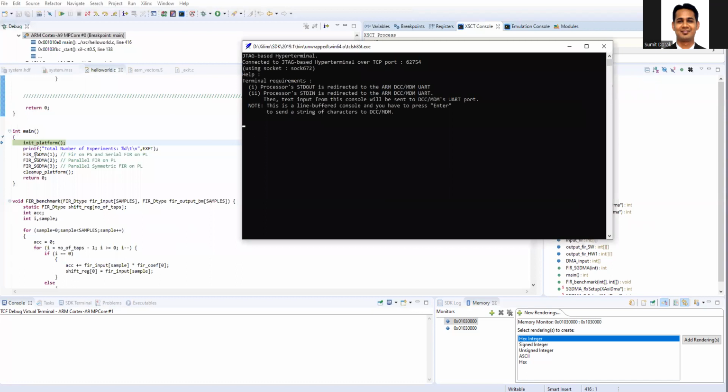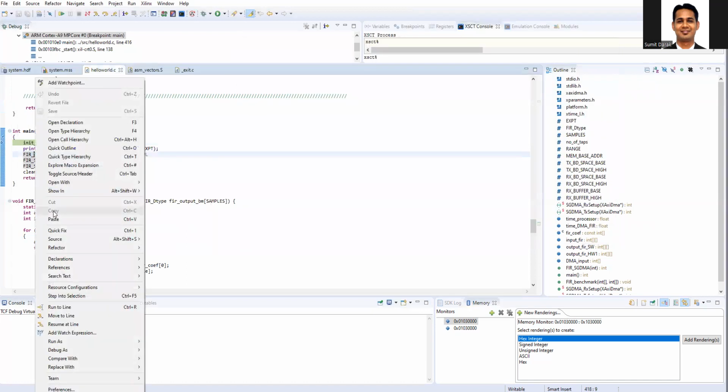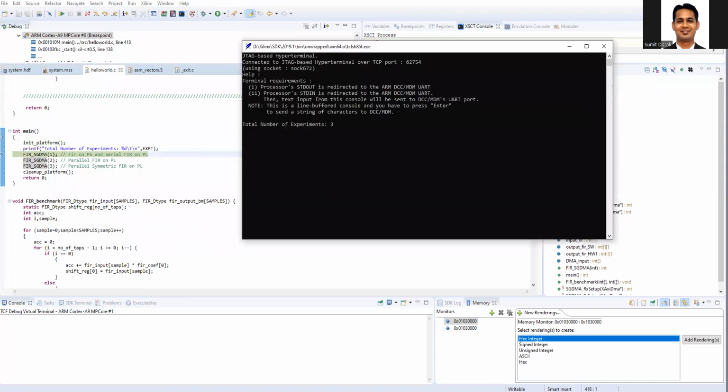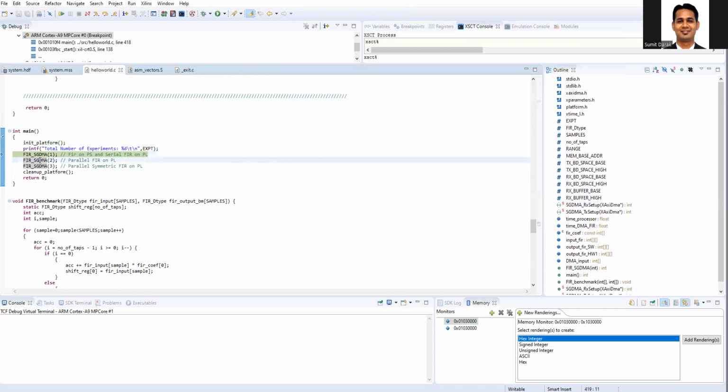You can see that the first time I'm calling this function, I'm making the choice equal to 1. Choice equal to 1 means it will be implementing the FIR filter on the processor. It will be creating the data ready for the DMA input, and then it will be calling the DMA which is connected to the serial HLS IP.